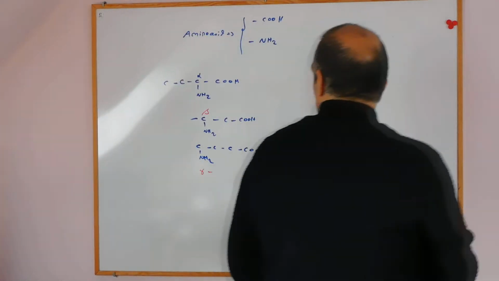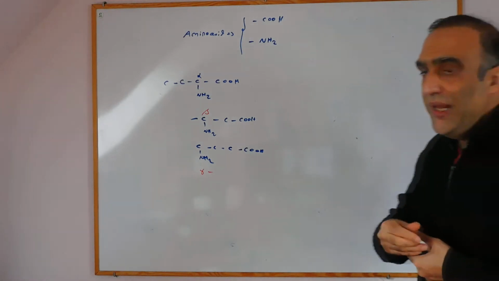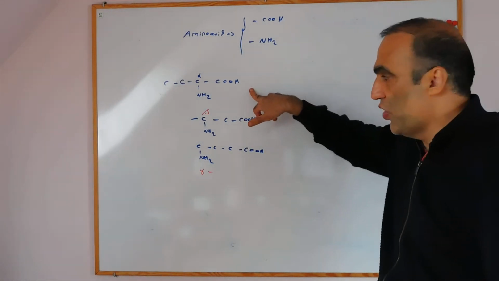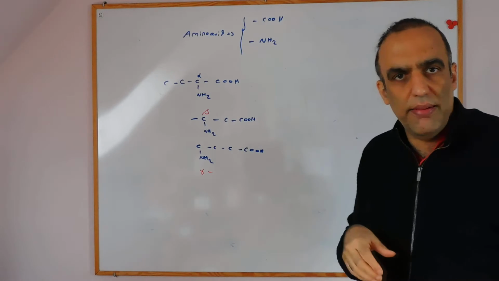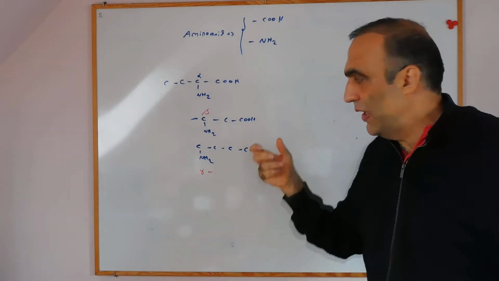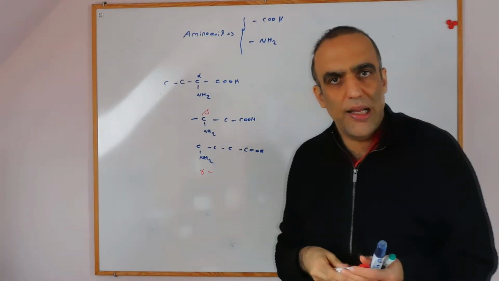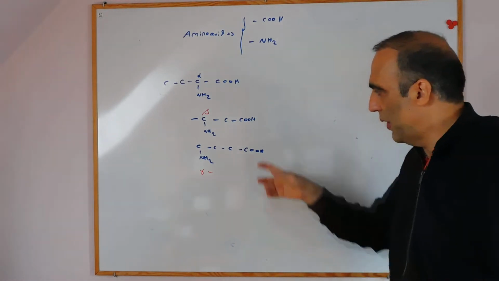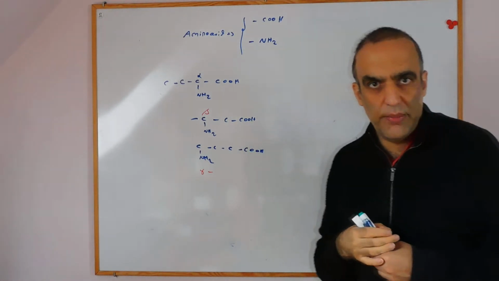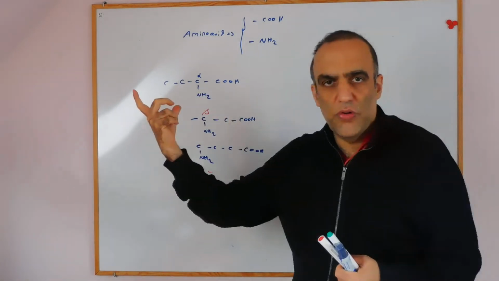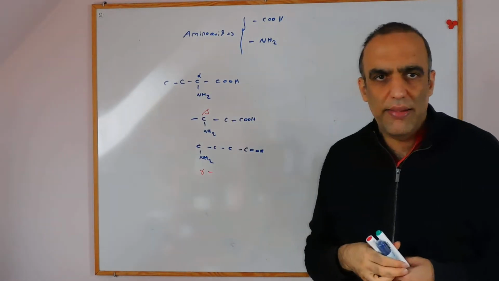Okay? Mainly for peptide formation we have alpha amino acids, but in the body we can also find beta amino acids, and in the pharmaceutical part we can also have gamma amino acids. Mainly for peptides we use the alpha amino acid.